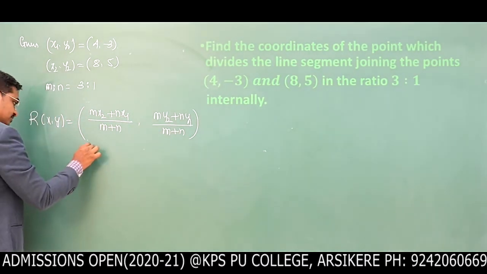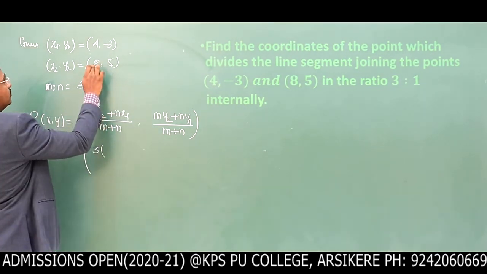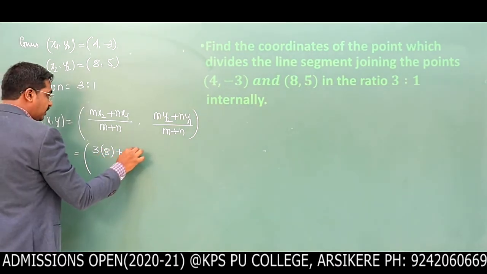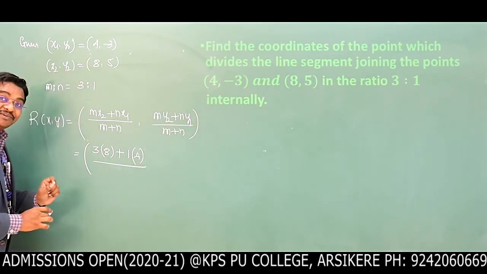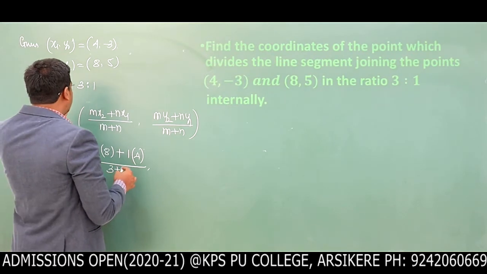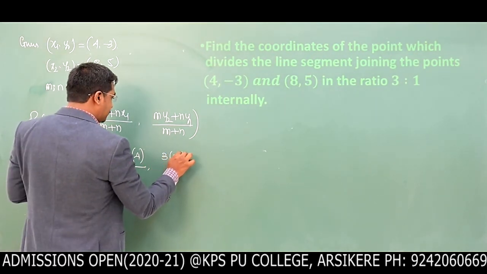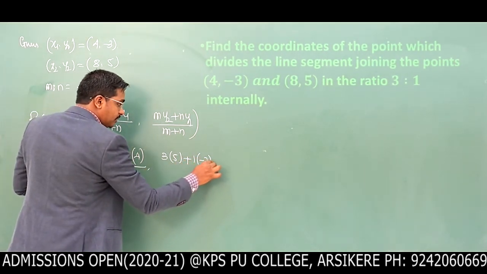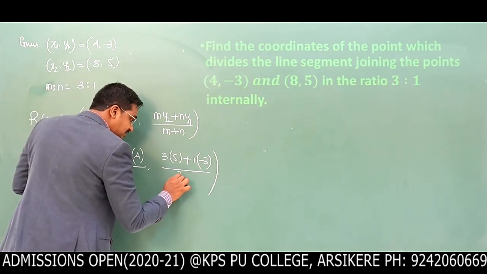So now this becomes, let's see m. What is the value of m? The value is 3. x2 value, this is x2, 8, plus n, 1 into x1, 4, whole divided by m plus n, 3 plus 1, comma second one, m y2, 3 into what is the y2 value, 5, plus n is 1 and the y1 value, minus 3, whole divided by m plus n, that is 3 plus 1.